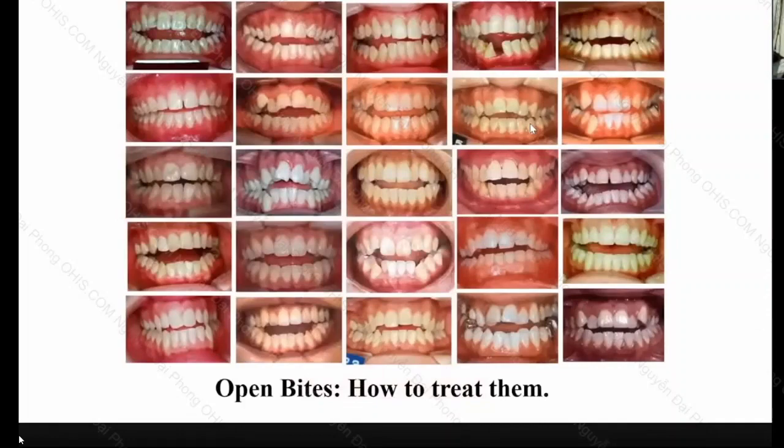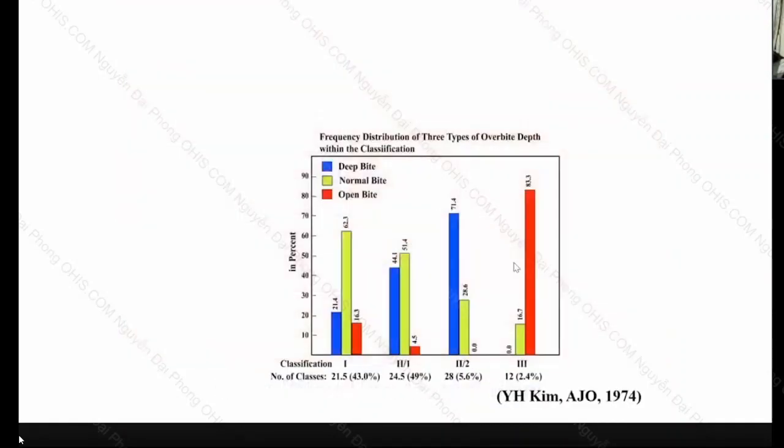Let me show you one piece of data. This is from Dr. Yang Kim. He published this paper in 1974, a long time ago, nearly 50 years ago. What he did is compare different malocclusion groups, class 1, class 2 division 1, class 2 division 2, and class 3.